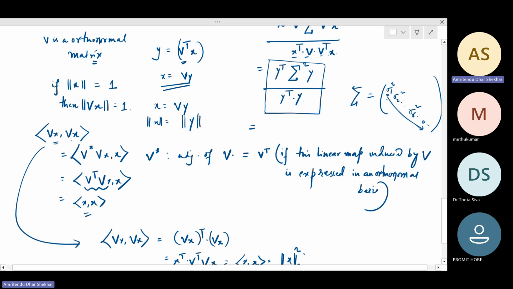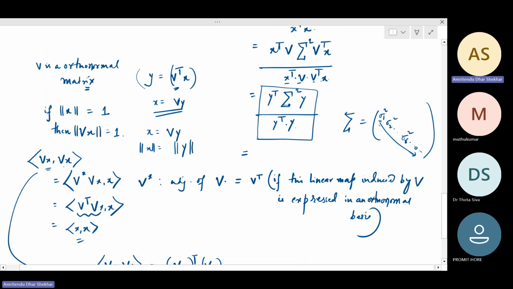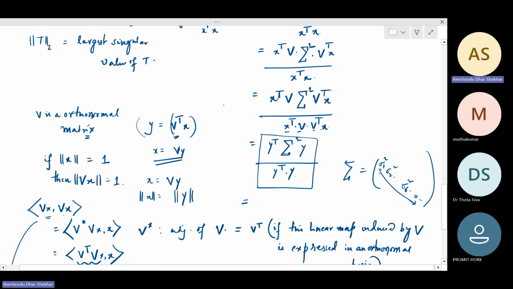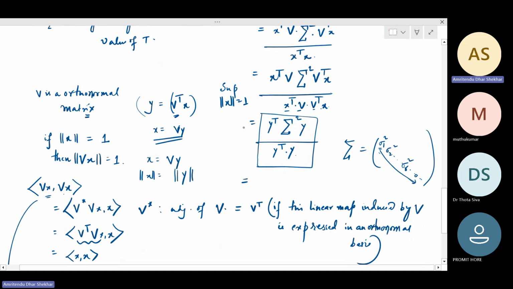So basically, the fact is, if you take any vector y and multiply it with an orthonormal matrix, it does not change distances, right? So here, when we are computing the sup over x with norm equal to 1 of this quantity, what I've done is a substitution of variables.